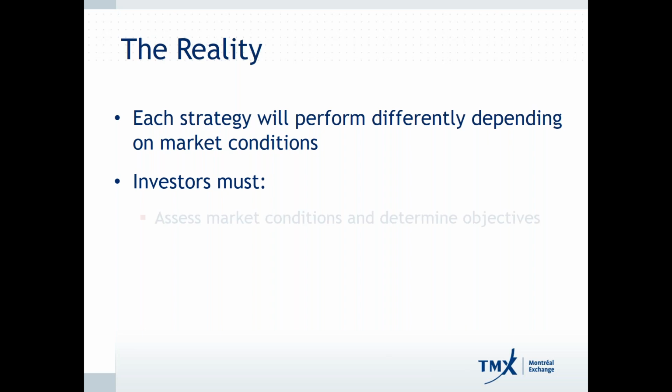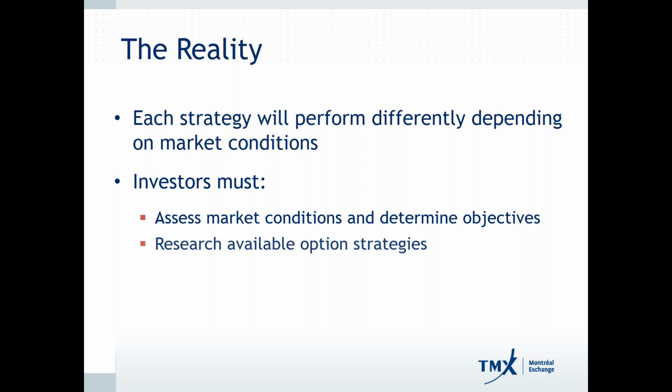So what are some of the musts that we always suggest to investors? Number one, assess market conditions to determine your objectives. You always want to look at what the environment is, and whether it will make this a favorable trade for me, with all things being taken into consideration. The second thing is to research available option strategies, right?